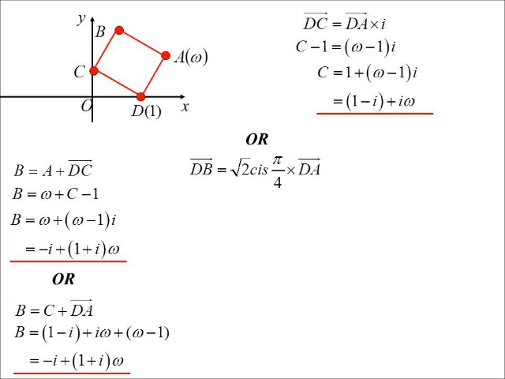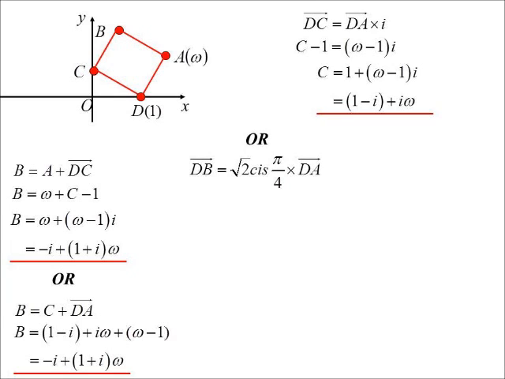But the length would change. Because it's a square, that's a 45 degree right-angled triangle, and I know the sides are in the ratio 1, 1, root 2. So its length would be multiplied by root 2. So root 2 cis pi on 4 times the vector dA.